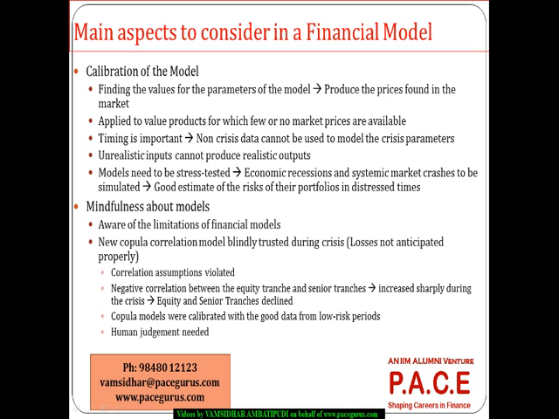Then there should be clarity about the various limitations and assumptions that are built into the model. That is probably one of the things where people fail to understand the Gaussian Copula correlation model, which has been very heavily used to model the default probabilities of the various credits in a portfolio in the world of finance.